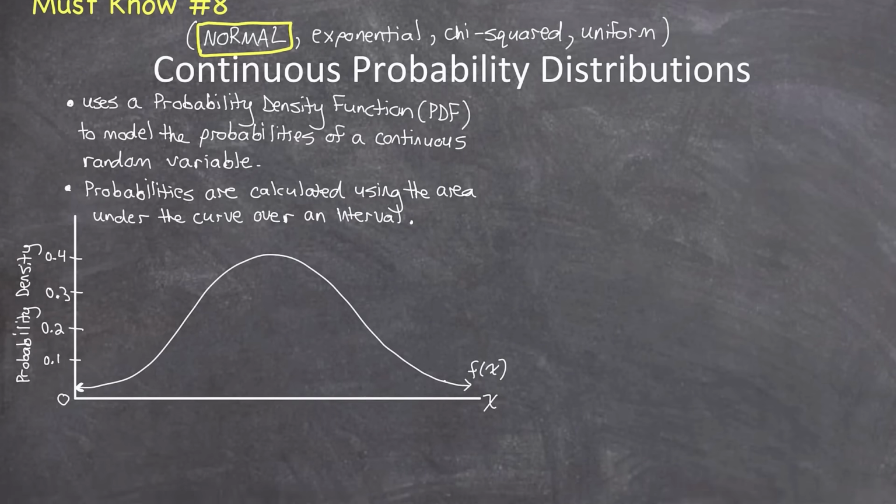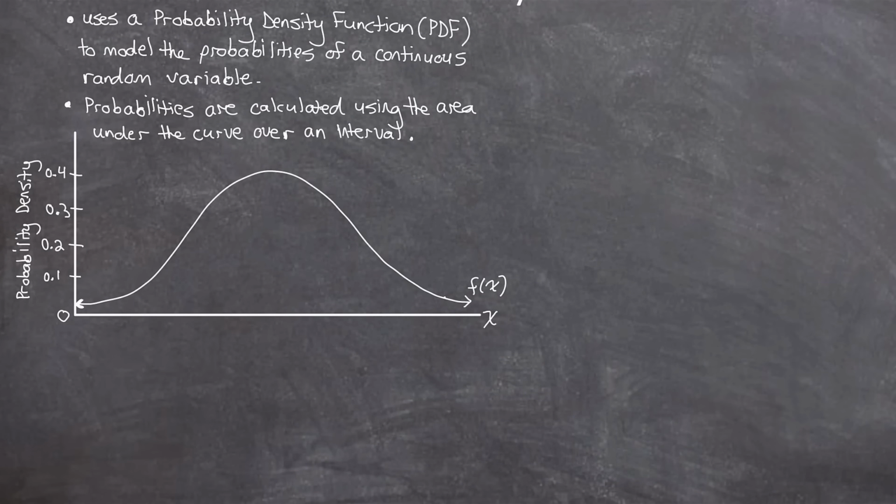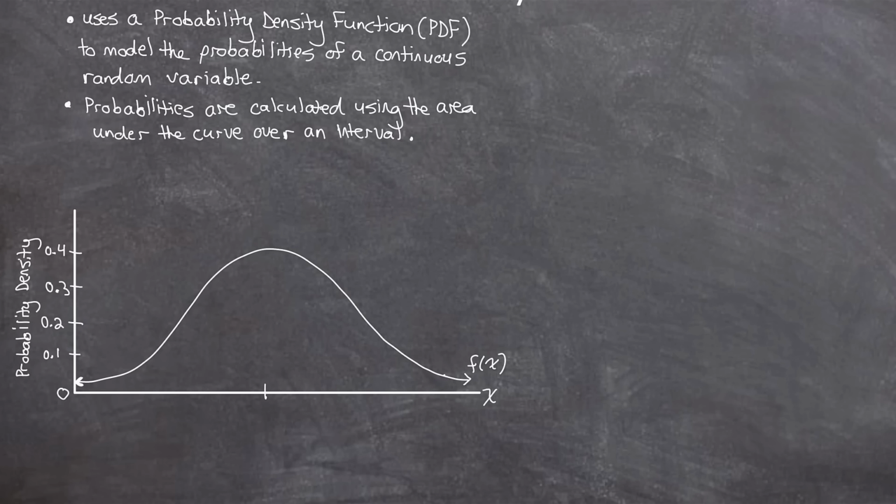And let me show you what those properties are. Let me make a little bit more room here. The mean of the PDF is always going to be right in the middle, right in line with the highest peak of the function. And then 68% of the data, so 68% of the area under this curve, is going to fall within one standard deviation of the mean.